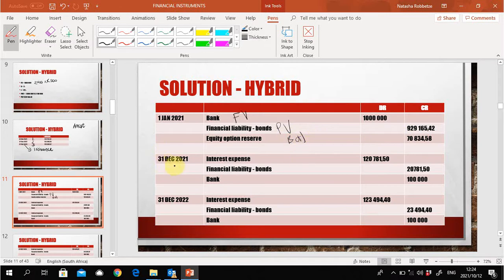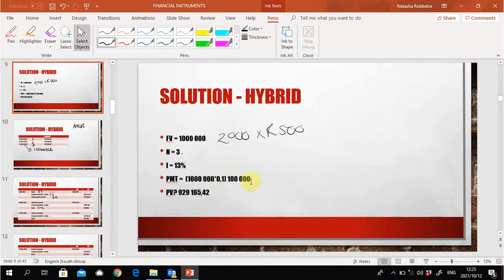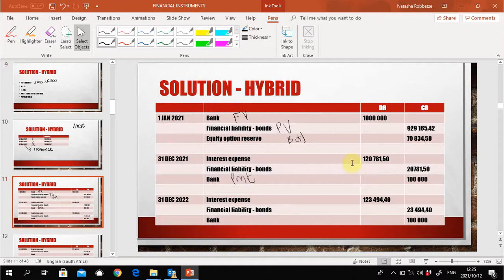By year end, which is 31st December, we are now booking the interest. Because this is a liability, we have an interest expense. If it's a financial asset, we have an interest income. The interest expense is calculated on my amortization table. Then the bank amount represents the payment that I've typed into my calculator. And the balancing figure is booked towards the financial liability.